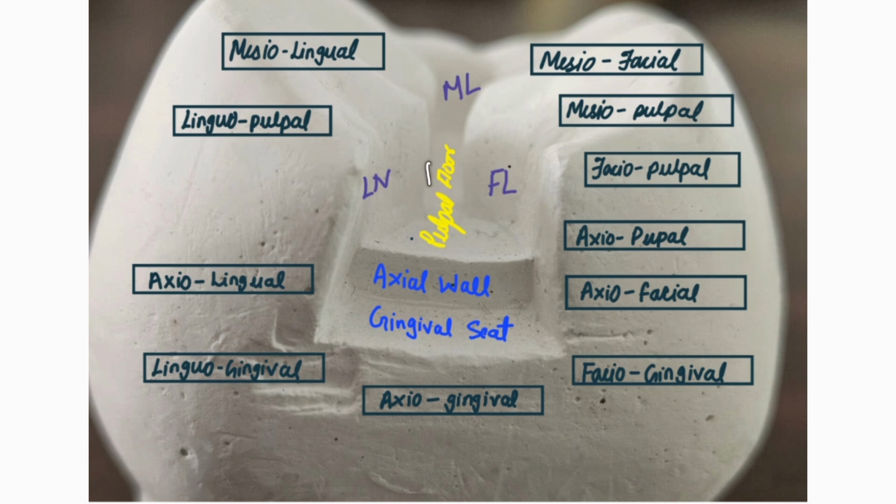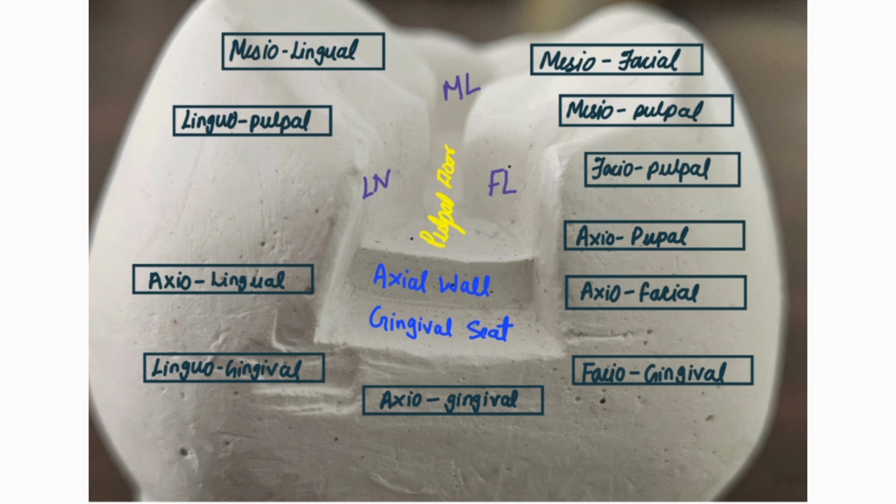Now, the junction between your facial wall and the pulpal floor would be your faciopulpal line angle. Similarly, on the opposite side, the junction between your pulpal floor and lingual wall is going to be your linguopulpal line angle. The junction between your mesial wall and pulpal floor would be your mesiopulpal line angle.